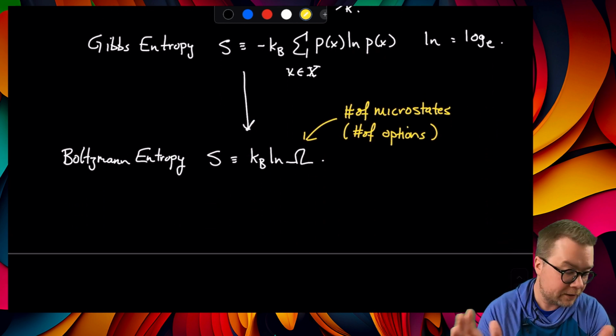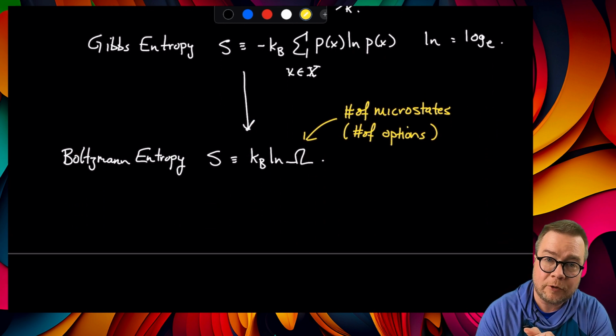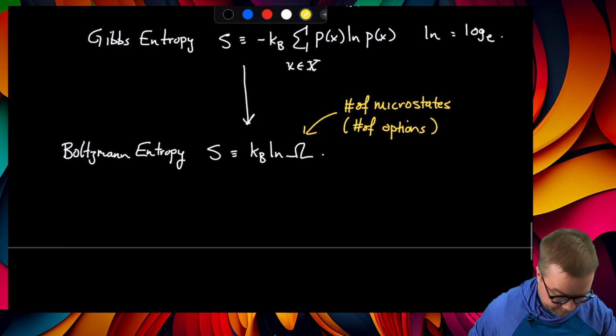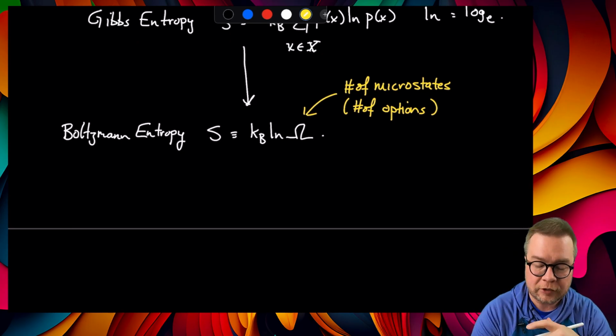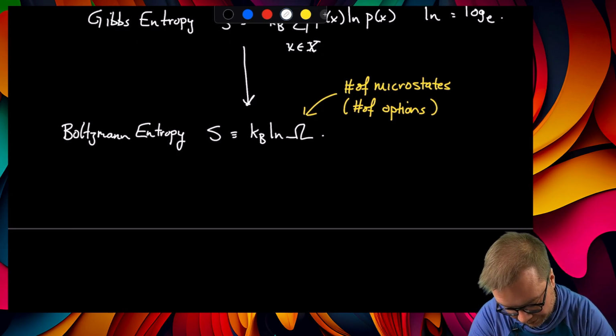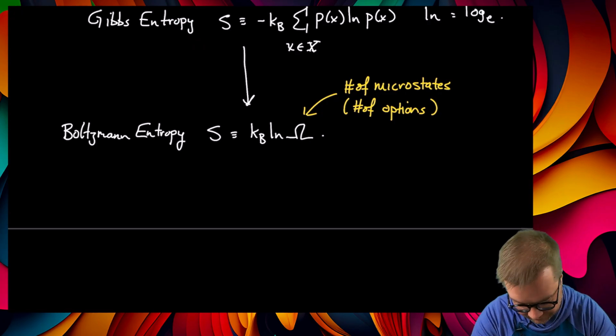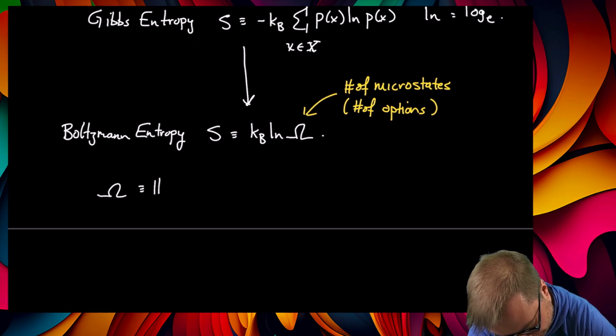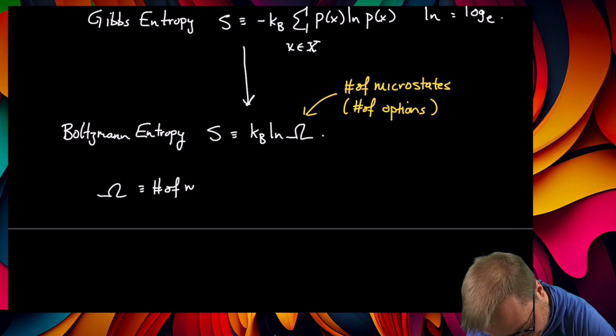So the number of microstates, we'll say, are the possible ways of rearranging our system to get the same result, okay, to get the same macroscopic result. And so at least in the way that we would specify it for polymer physics, let's just say here that this we will call, again, the number of microstates.